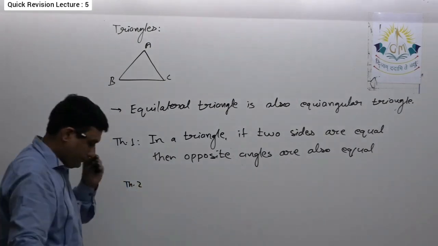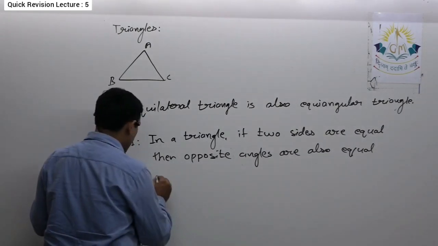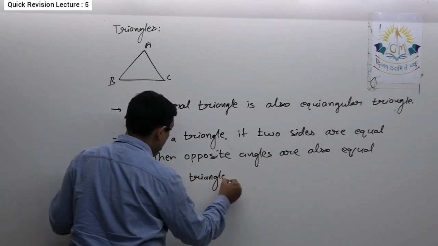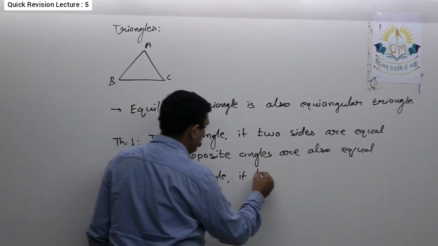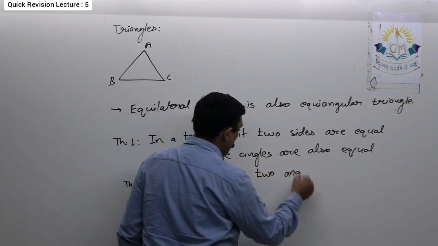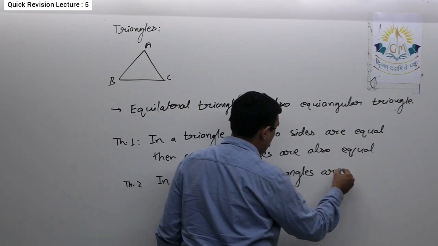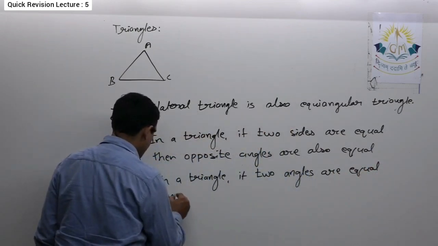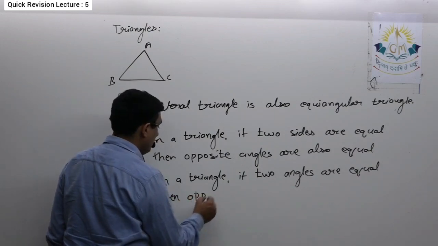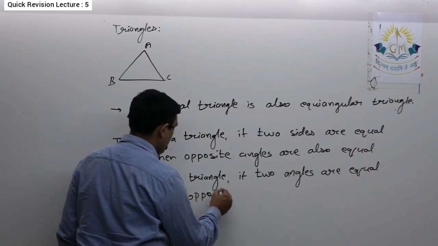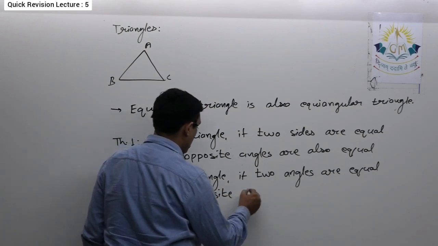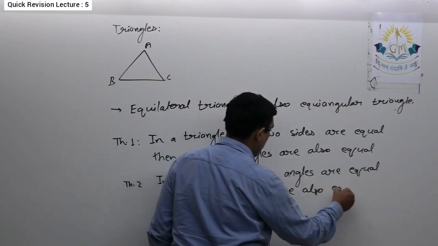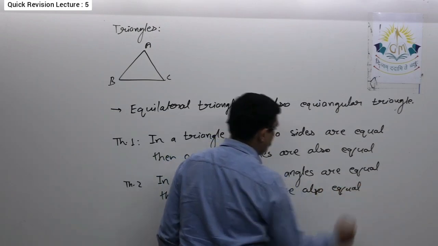Next is the converse of it. That means in a triangle, if two angles are equal, then the opposite sides are also equal.